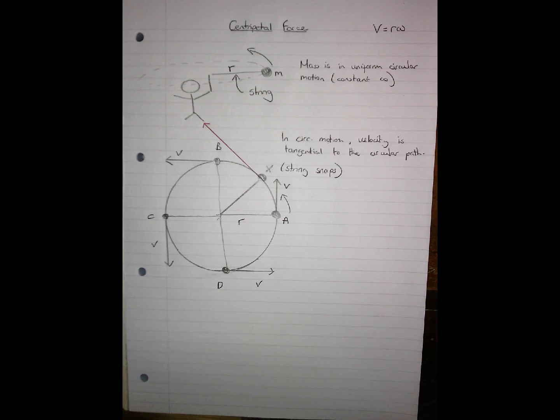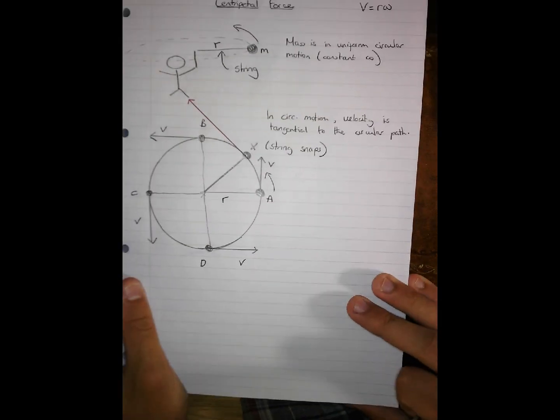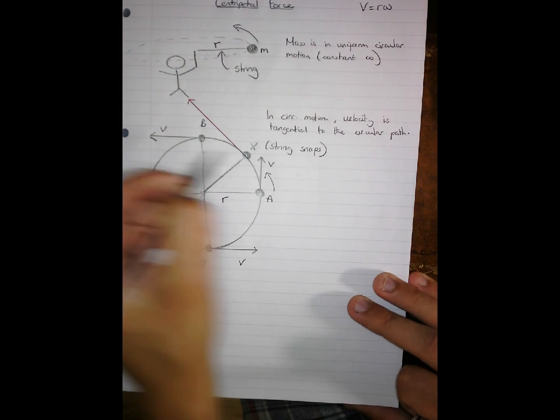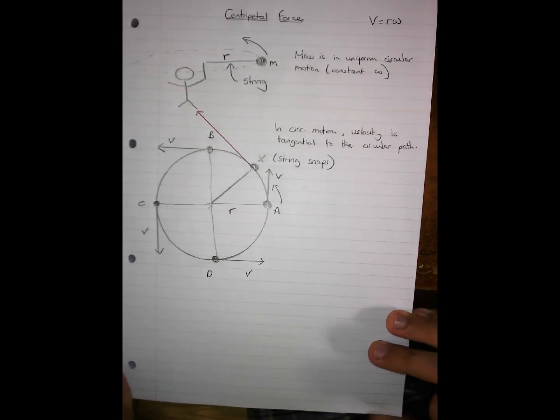What I'd like us to consider now is why that happens. So we need to go back to Newton's laws of motion. First, let's look at the object when it's moving around in a circle happily. Which law applies? The answer is the second, and the reason is this.